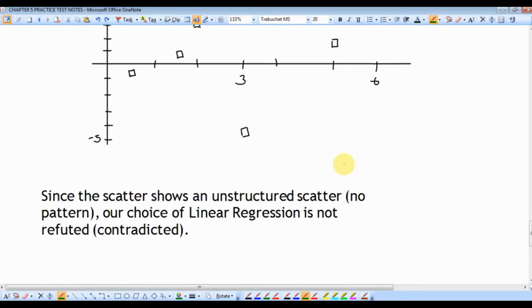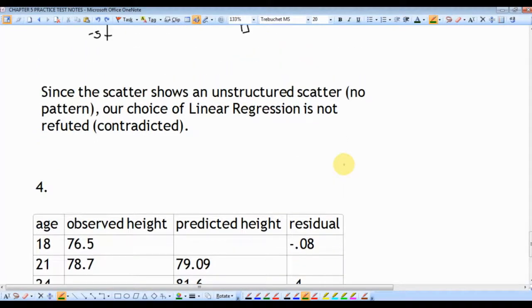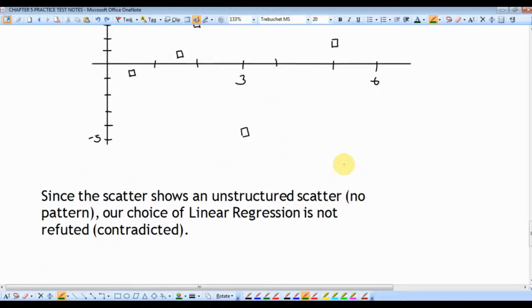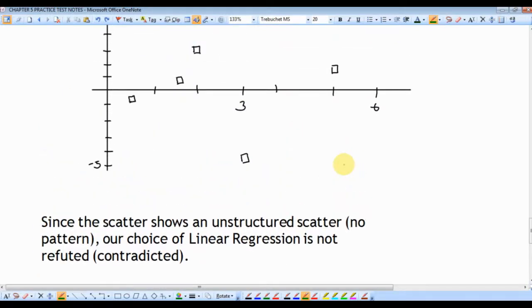Okay, that brings us to question 4. Oh, no, I'm sorry, there's one more thing here. Does your residual plot confirm or refute the choice? The scatter that we see here is unstructured. Be careful not to see structure where the structure does not exist.